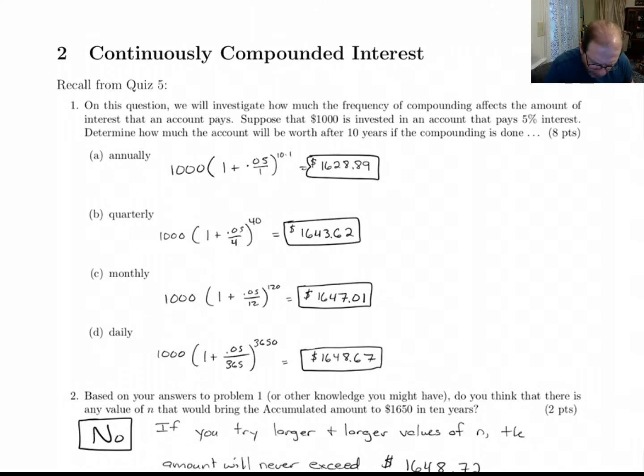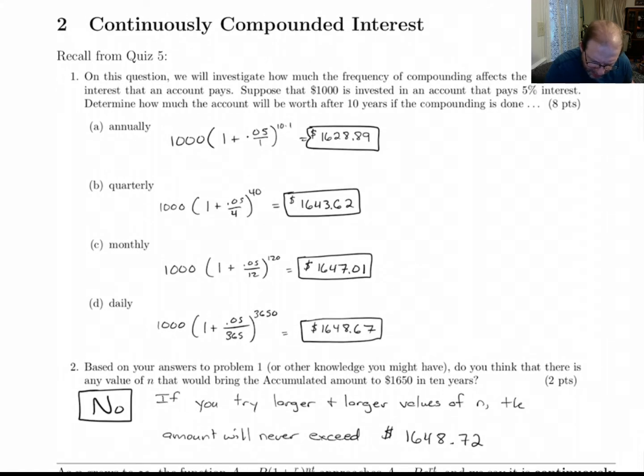We had this problem where we invested $1,000 at 5% interest, and we had to figure out how much it would be worth after 10 years using compounding annually, quarterly, monthly, and daily. Looking at that, there was a bit of a jump each time. It continued to get larger, but it didn't continue to get a lot larger.